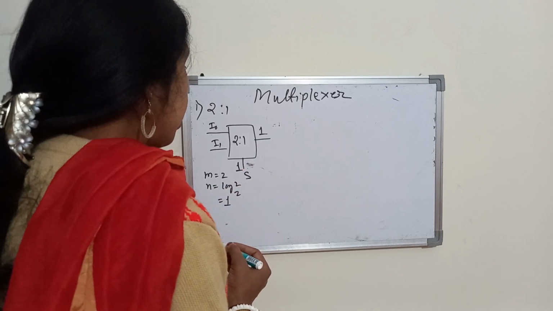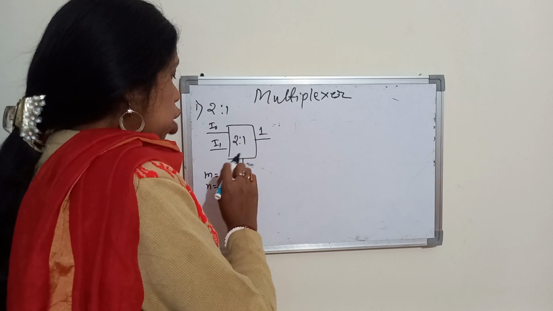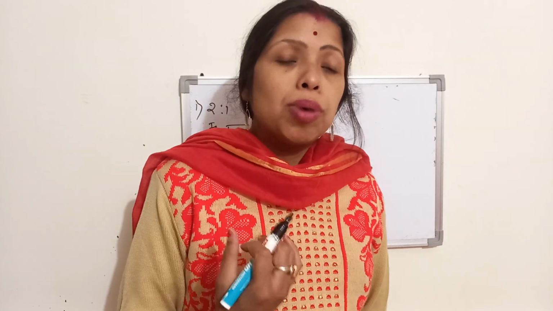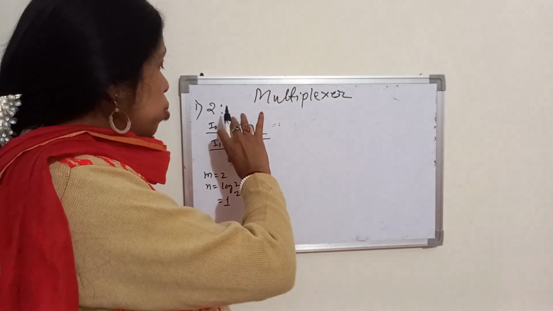Now I'm writing the truth table. This is the structure. First I'll write the truth table. What is the truth table for the multiplexer? Based on our requirement, I will write the truth table. From the truth table, I'll write the logical expression, and from the logical expression I can design the multiplexer. This is the block diagram of the multiplexer.